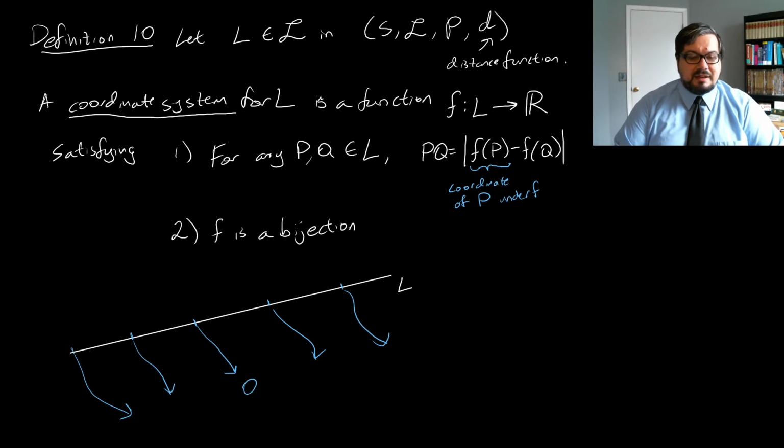So we might have that this point maps to 0, this point maps to 2, this point maps to 3, and -1 and -4, say.